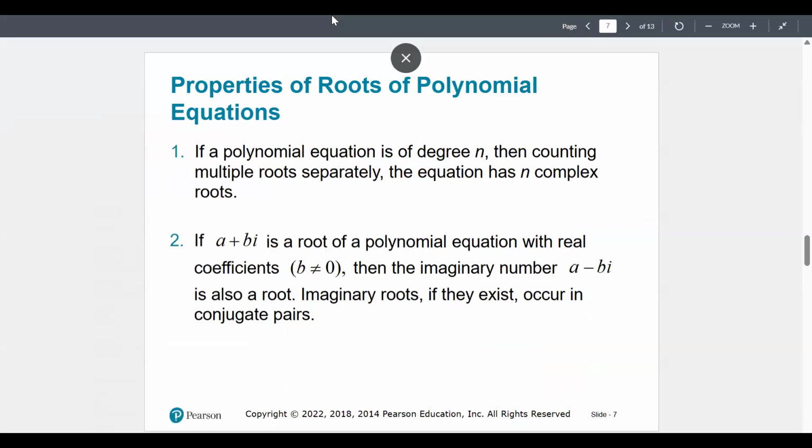All right, so we have another theorem. If a polynomial equation is of degree n, then counting multiple roots separately, the equation has n complex roots. So these complex roots, they could be rational, irrational, which are both real roots, or they're going to be complex numbers.